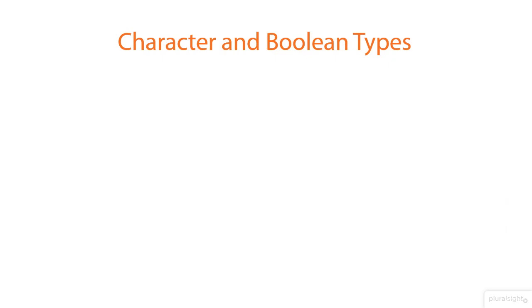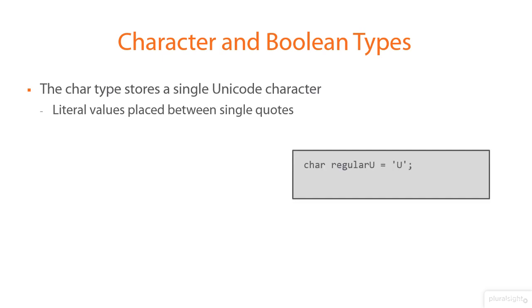And our last two primitive types are character and boolean. And a character, or the char type, stores a single Unicode character. And basically, you denote the literals of these by just using single apostrophes or single quotes around the constants. Right? So if I say char regularU equals, and I put apostrophe U apostrophe, that assigns that char into it. Now note, this is different than strings. We'll talk about strings later.